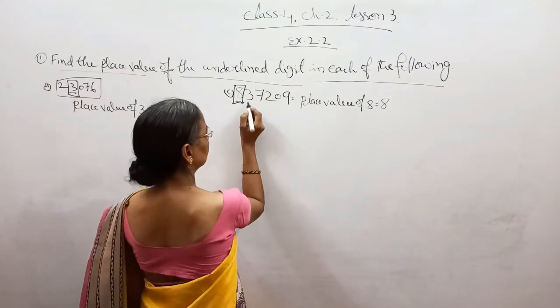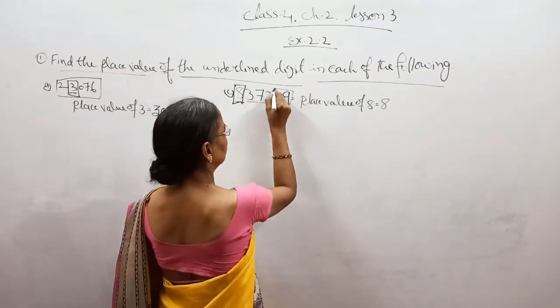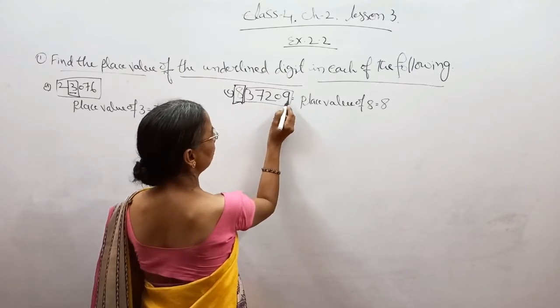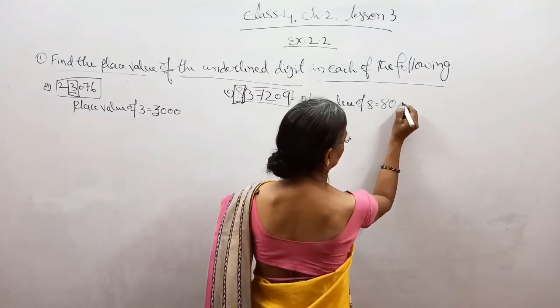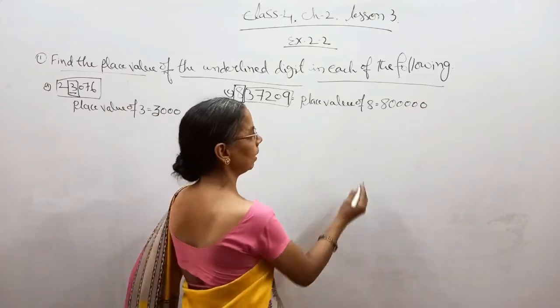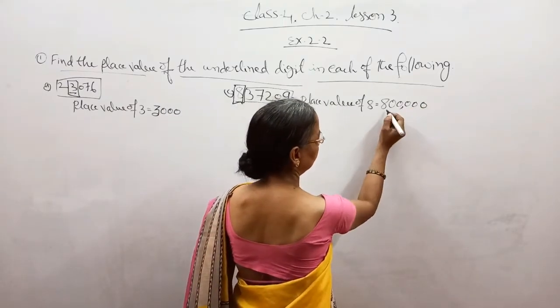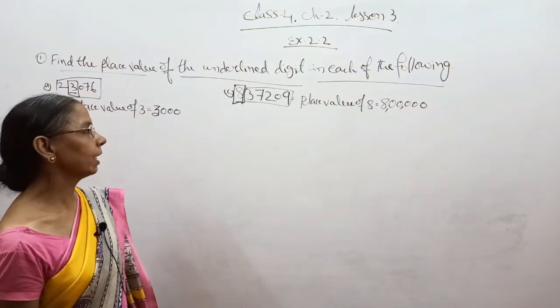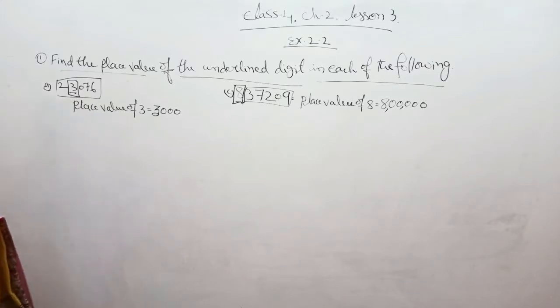Then put these zeros, that's 1, 2, 3, 4 and 5. It means the value of 8 is 8 lakh. Like this, you can solve the remaining questions of question number 1.